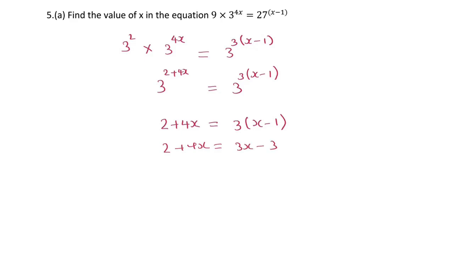Next we are going to collect the like terms. Then our equation is going to be 4x minus 3x equals negative 3 minus 2. Of which, solving this, we are having x equals negative 5. And this is going to be our answer.